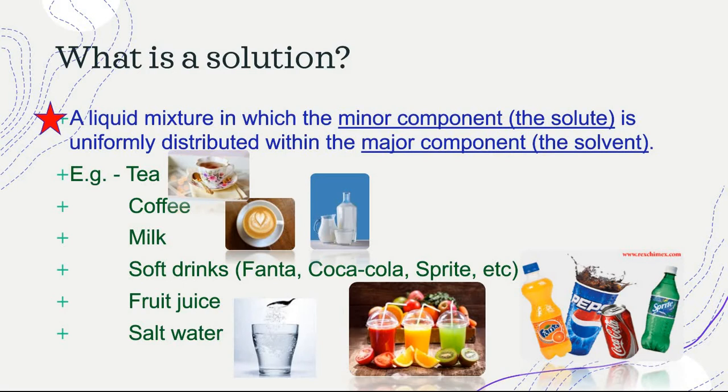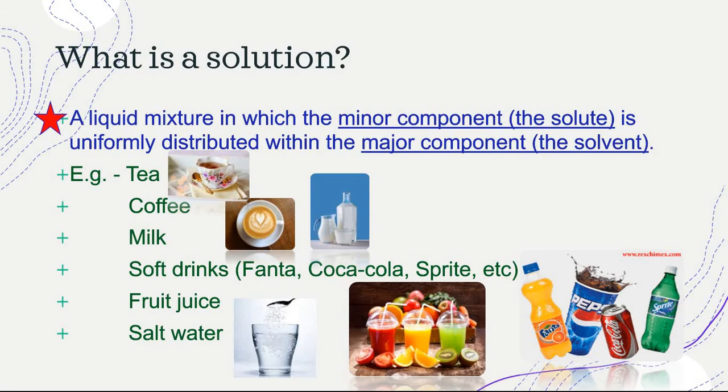Now besides that, you have coffee, milk, soft drinks, fruit juices, and salt water, which you prepare in the same way. In the case of coffee, you use a little bit of coffee and some sugar and a bit of milk if it's a milk coffee, and you add a considerable amount of water.